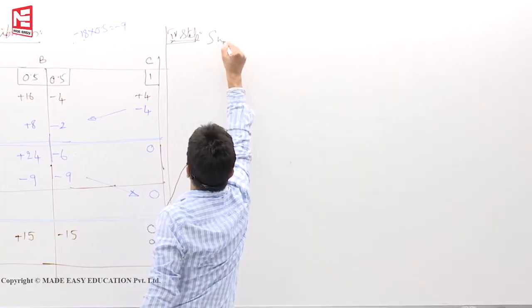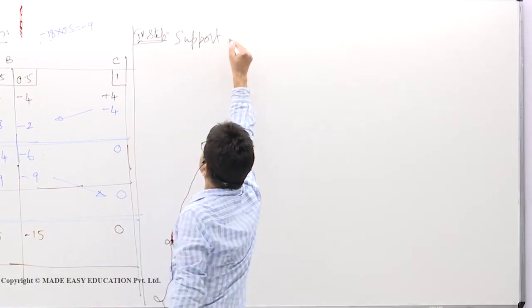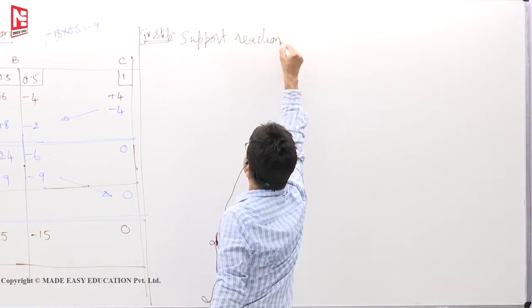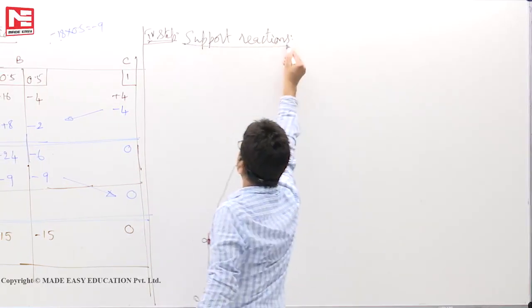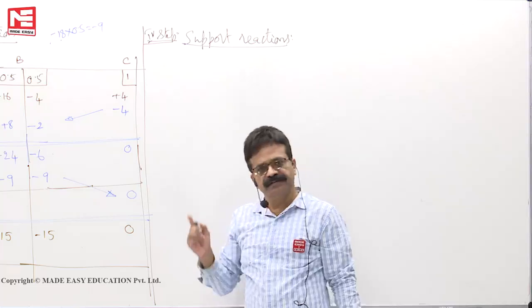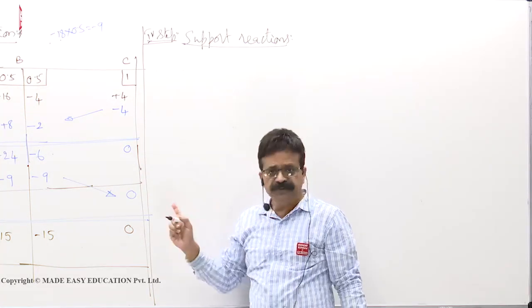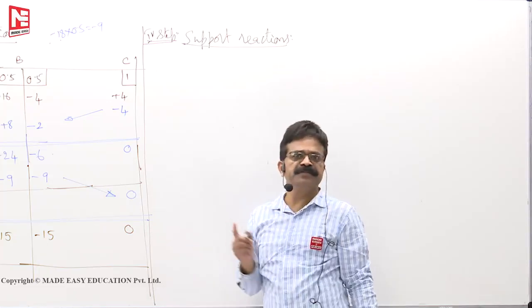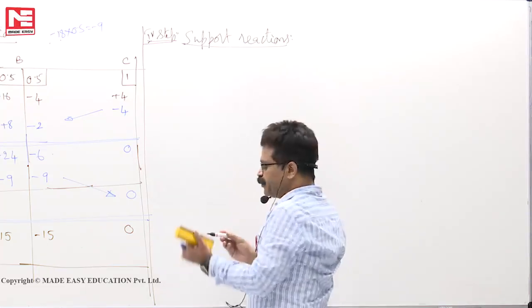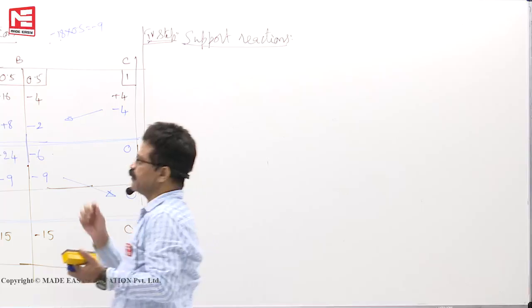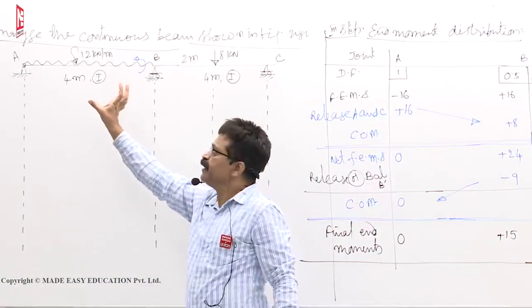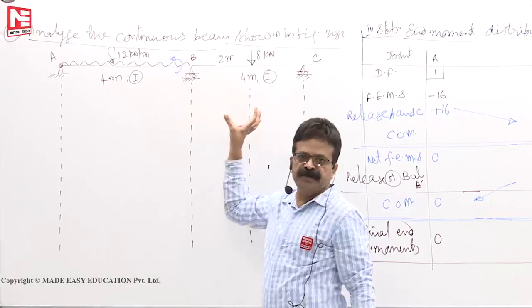The fourth step is support reactions. These support reactions, again, we must do with the help of free body diagrams. Even if you make a mistake, correction also becomes very simple. What we do is, this is the AB and BC spans. Draw the free body diagram of AB and the free body diagram of BC separately.